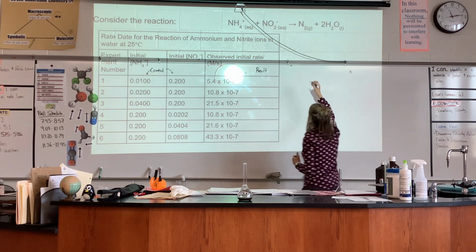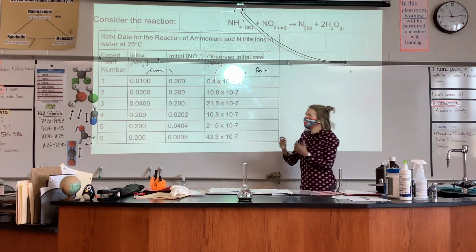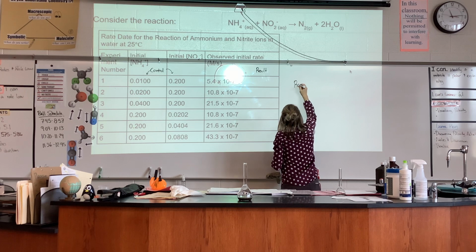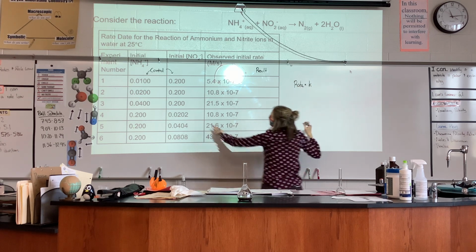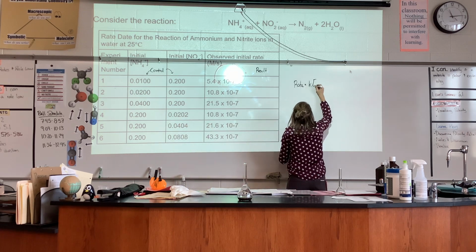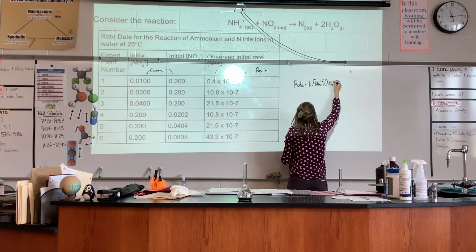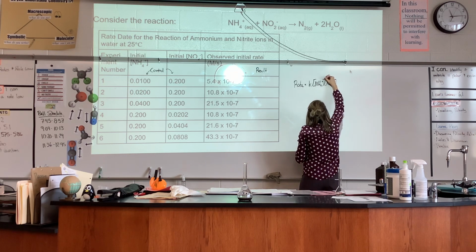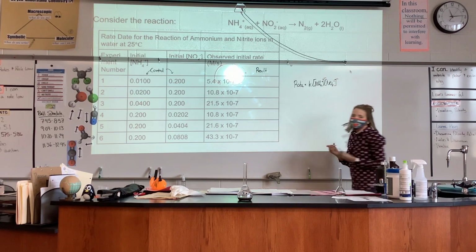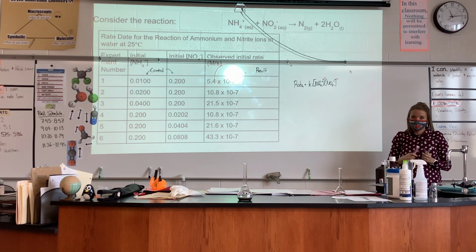I would start to find my rate law, so that's our question here. I'm going to write the generic form: rate equals K, and in this reaction we have NH4+ and NO2-. We want to know what m and n are, what their exponents are.